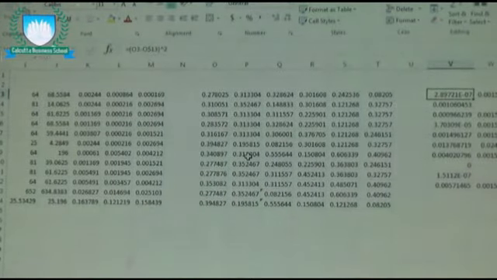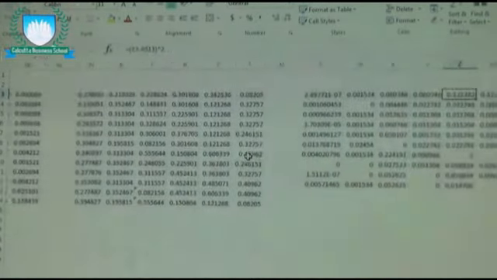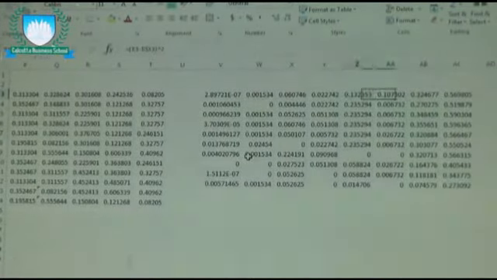Then we have computed the Euclidean distance measure from each alternative to the PIS and NIS. Now this is the distance from PIS. This is how far the alternatives are from the positive ideal solution, right?